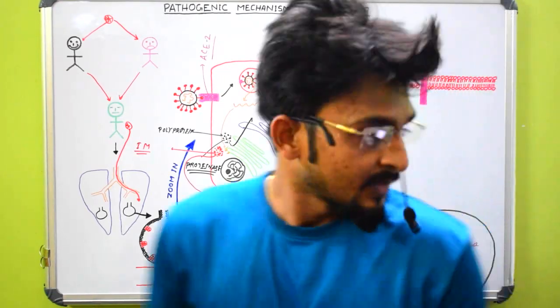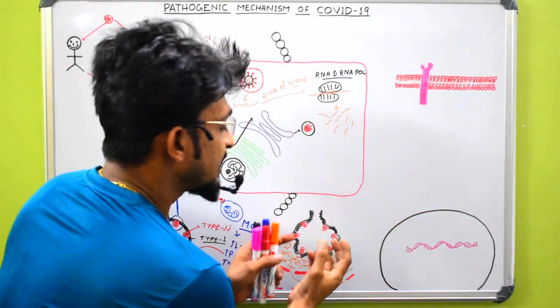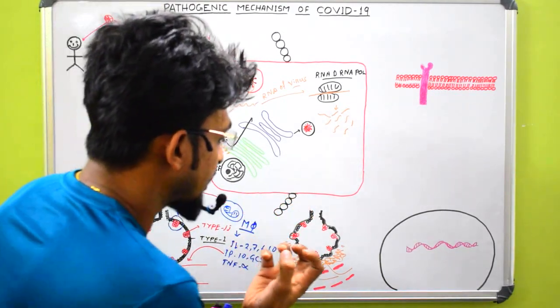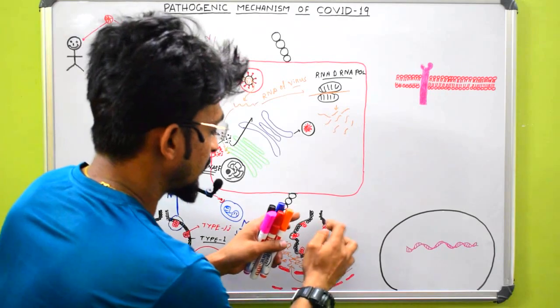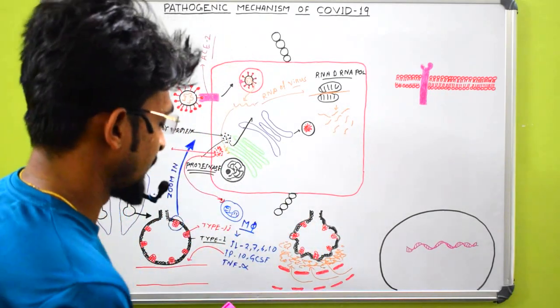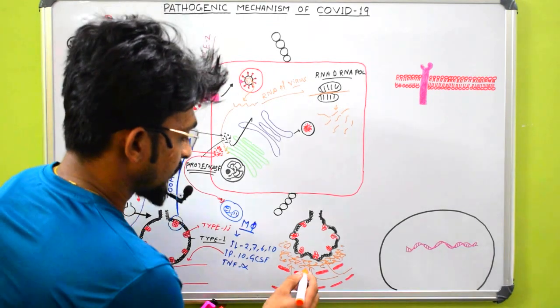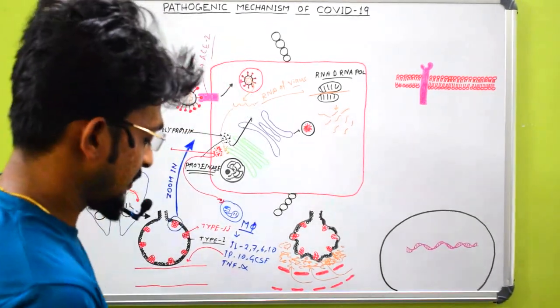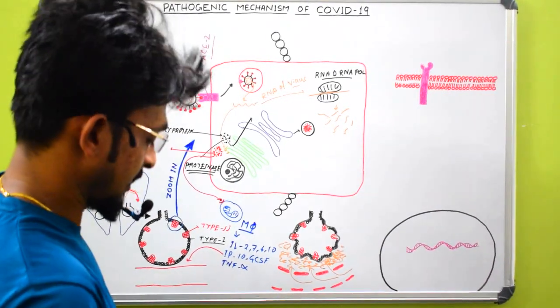It will make it very constricted. Okay, so it will make this alveoli very small in size. So what it will do, it will create a pressure. Let me make it with a different color.